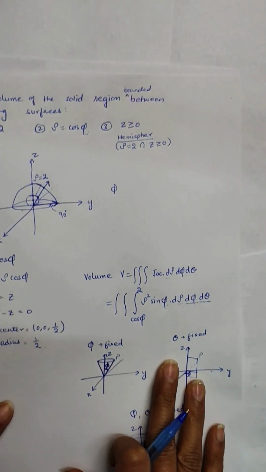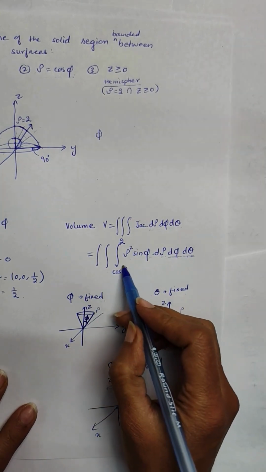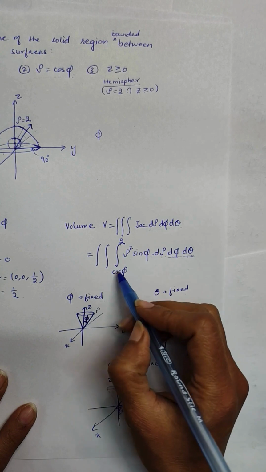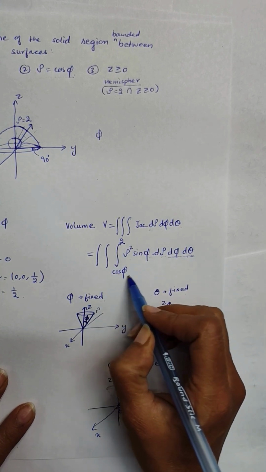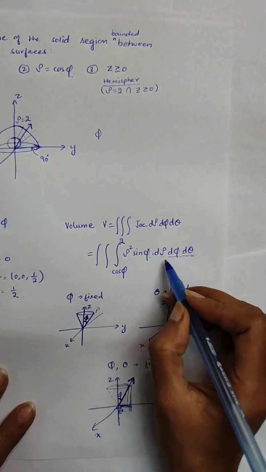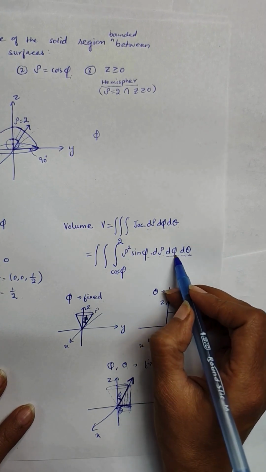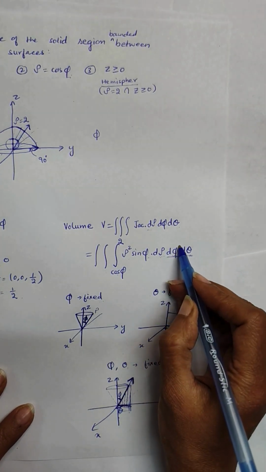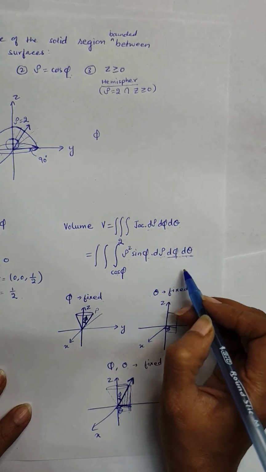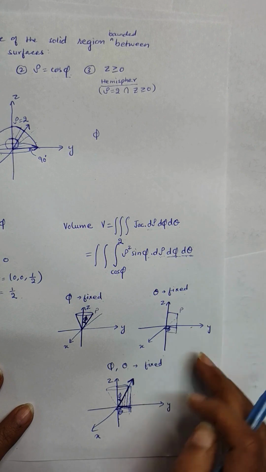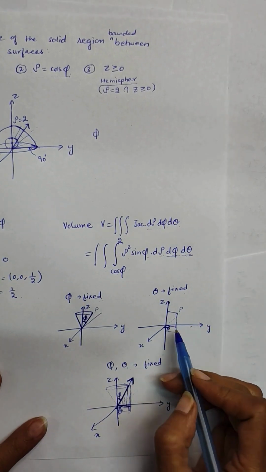Okay, so now we have our limits of integration with respect to rho. The lower limit is cos phi and the upper limit is 2. So now we move on to the next variable, phi. To find the limit of integration with respect to phi, we fix theta. So what happens when we fix theta?